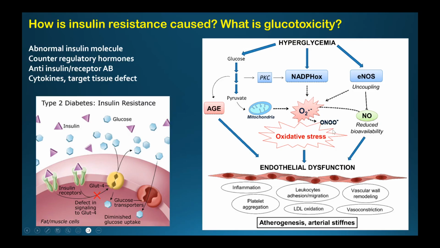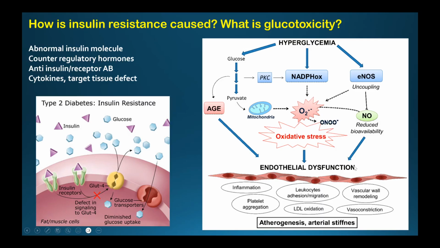Okay, so this oxidative stress and advanced glycation end products damage the endothelium, leading to inflammation, platelet aggregation, leukocyte adhesion, LDL oxidation, atherogenesis. All these changes happen in the vessels, both small and large, and that is what ultimately produces the various organ dysfunction.